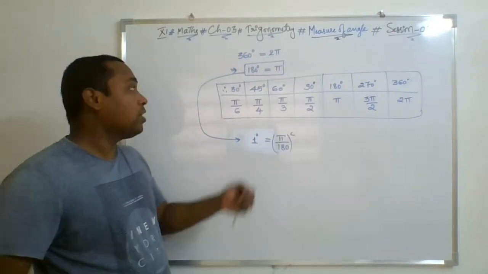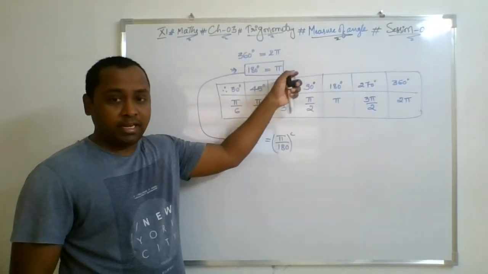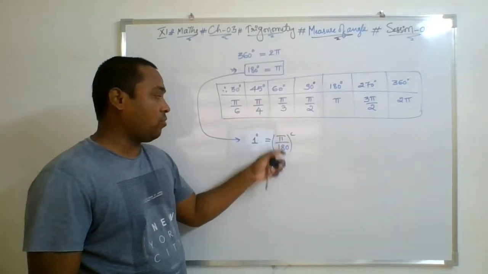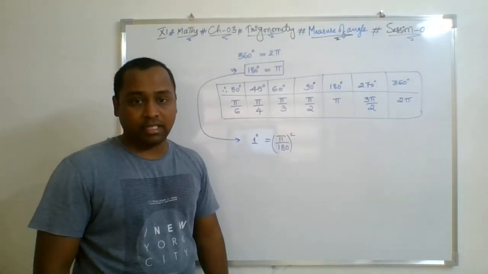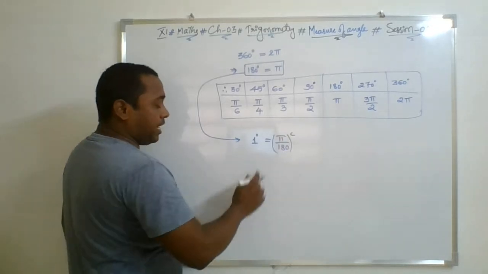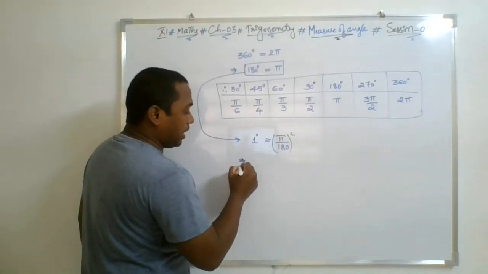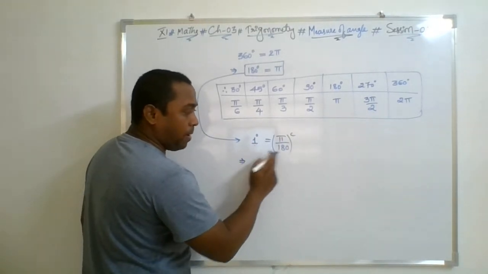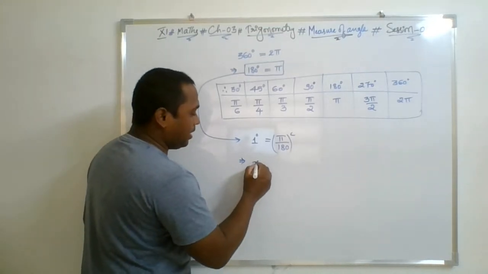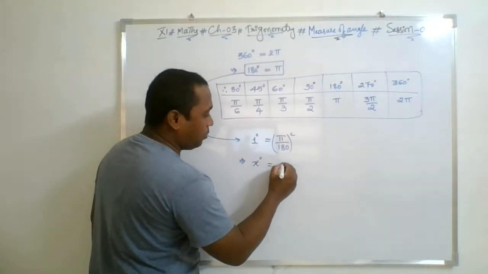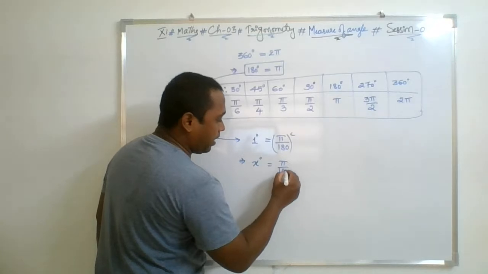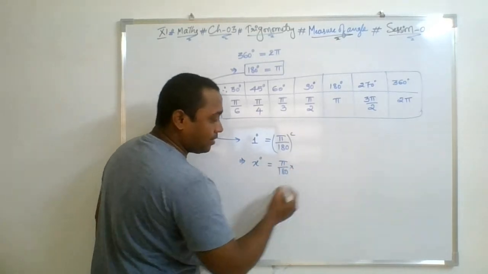What I'm saying here is, 180 degree means pi radians, then 1 degree is equal to what? Pi by 180 radians. If 1 degree is equal to pi by 180 radian, then x degree is equal to pi by 180 into x radians.